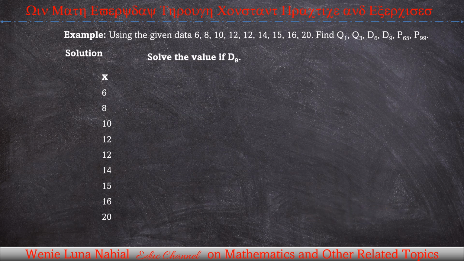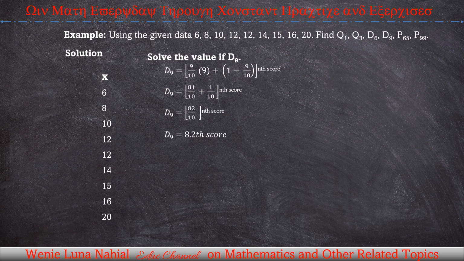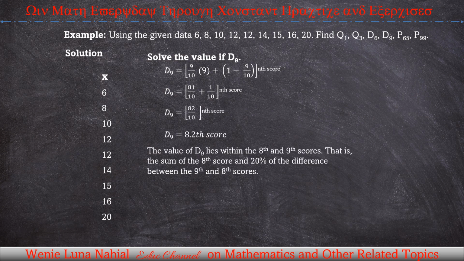Then D sub 9, the same process. So we get here 8.2, but we have to determine where it is. D sub 9 lies within the 8th and the 9th score. So what are these scores? These are 20 and 16.